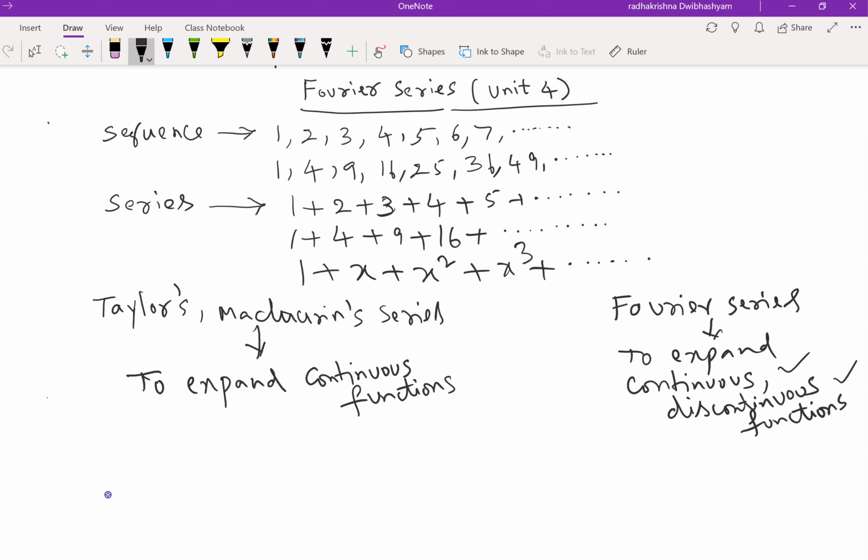Now what is a continuous function? You studied continuous functions in 11th standard.